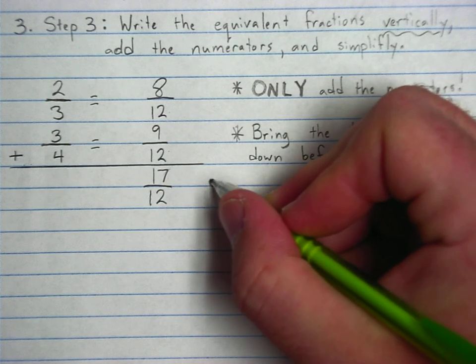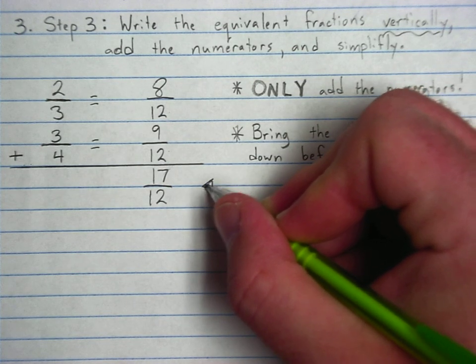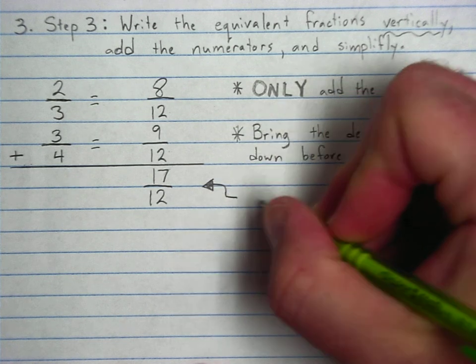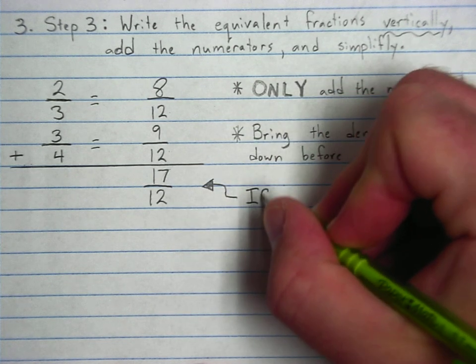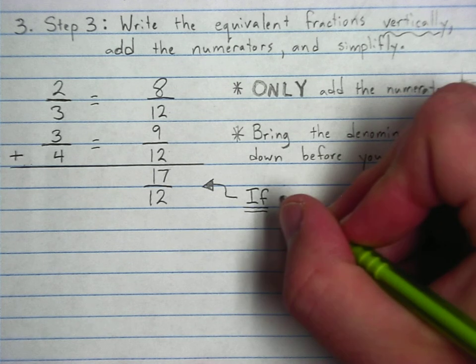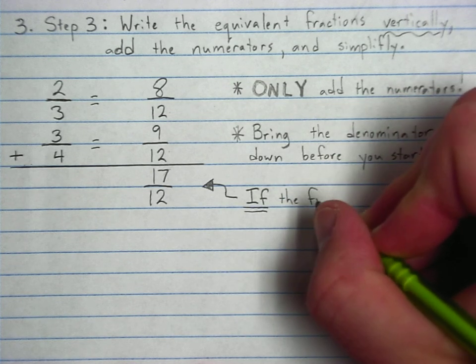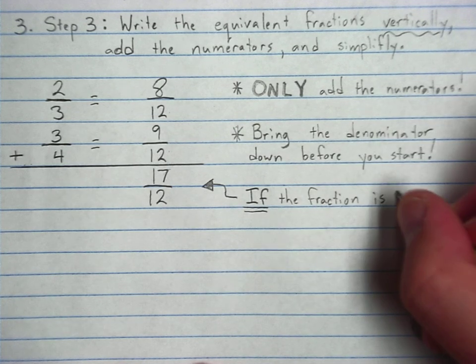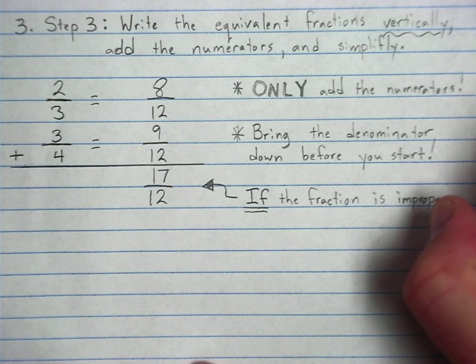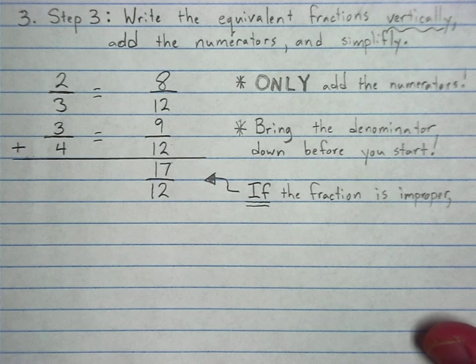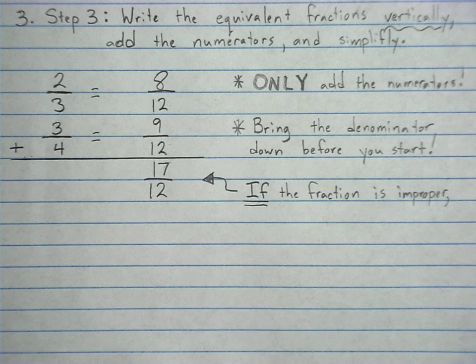Now this will happen every once in a while, and I had some friends ask about this in class. It won't happen all the time, but if the fraction is improper, and just as a quick refresher, improper means that the numerator is larger than the denominator.